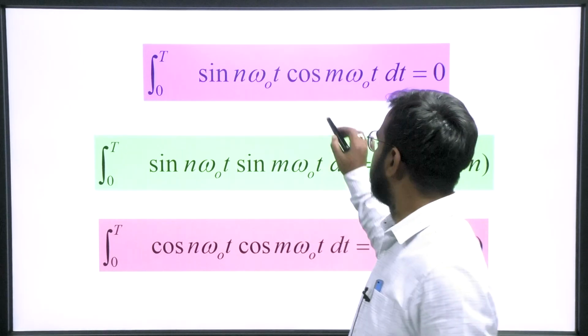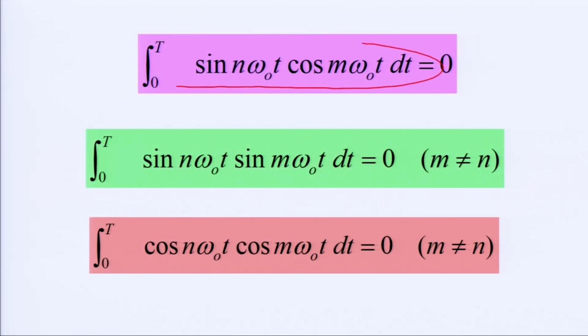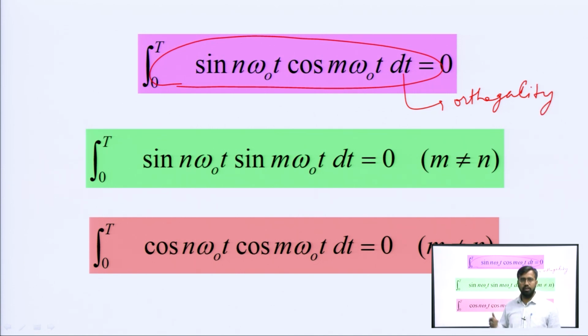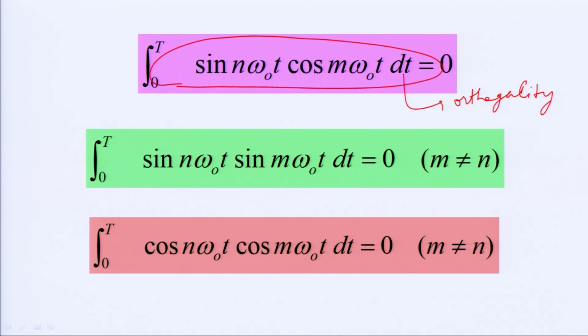Again, there is one more condition: the integration of sine into cos dt is equal to 0. This is what I was telling you about orthogonal signals. This is a property of orthogonality: if the product of two functions, two signals, comes to 0, both are called orthogonal.